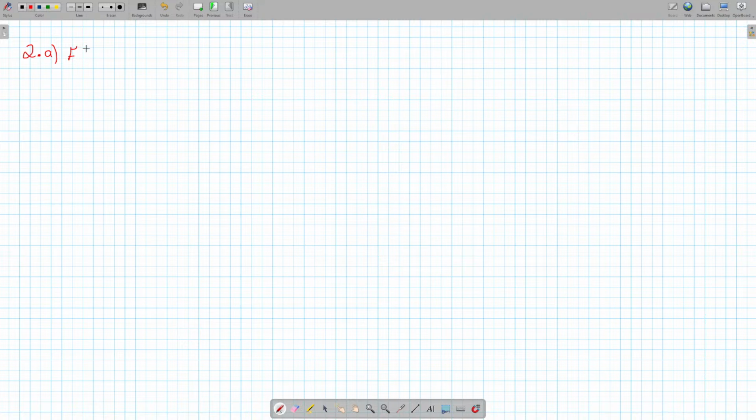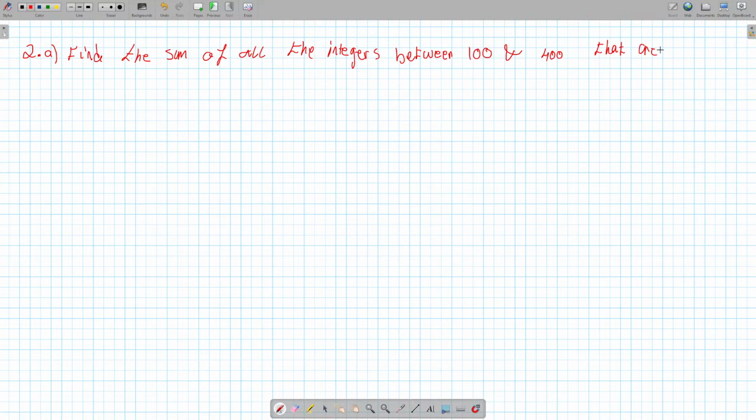Find the sum of all the integers between 100 and 400 that are divisible by 7.